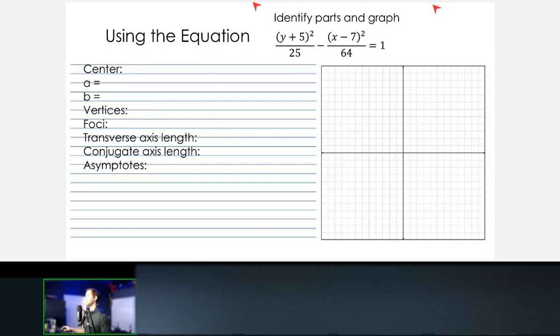Seven comma -5. Very good, because there's your x, so there's your h, 7. There's your y, so there's your k. Like we know from circles and ellipses, it's always the opposite of what you see, so that is -5. Nice job. So we're going to write that down. 7, -5.